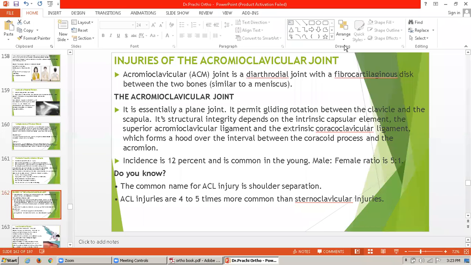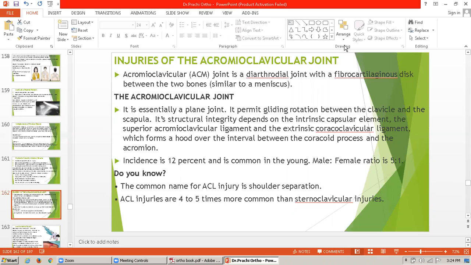Next is injuries of the acromioclavicular joint. It is the joint between the acromion and the clavicle, so it is also called the AC joint. The acromioclavicular joint is a diarthrodial joint with a fibrocartilaginous disc between the two bones, similar to the meniscus.